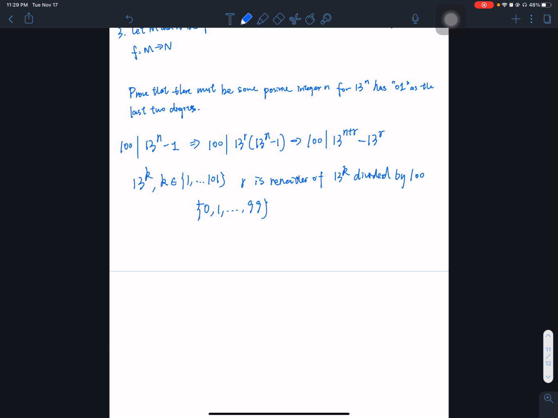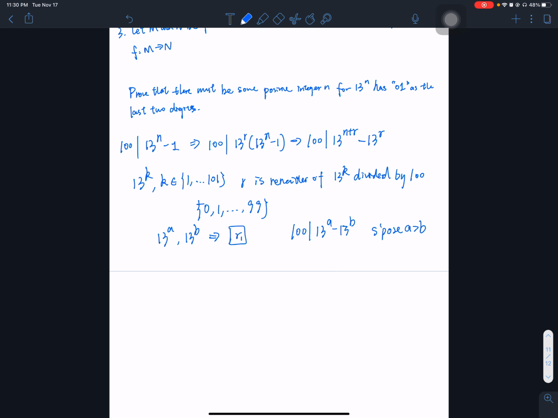So suppose 13 to the a's power and 13 to the b's power are in the same box, say R, which means that 13 to the a's power and 13 to the b's power have the same remainder when divided by 100. Then we know that 100 is a divisor of 13 to the a's power minus 13 to the b's power. Suppose a is bigger than b.